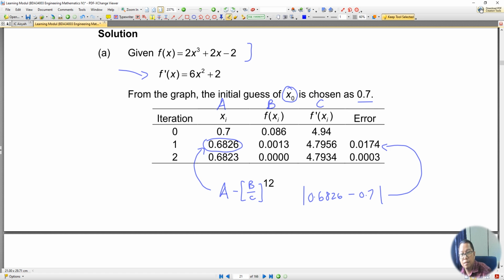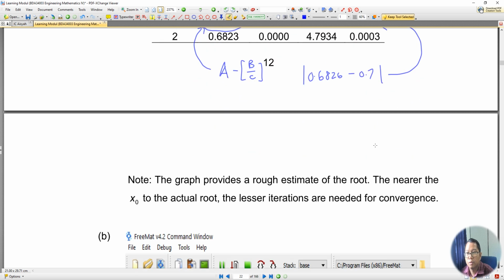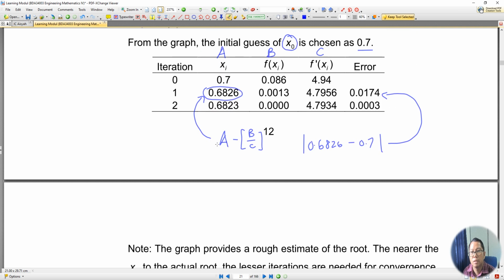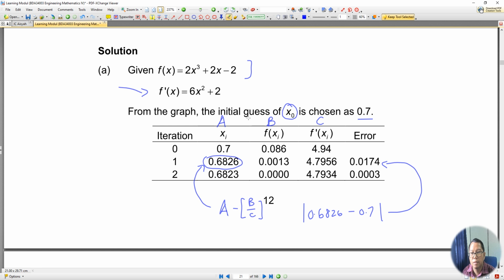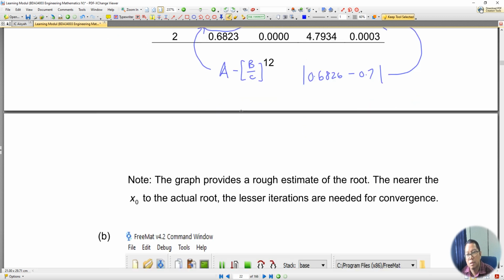So easy, right? Note that the graph provides a rough estimate of the root. The nearer x0 is to the actual root, the fewer the iterations needed for convergence. If you choose 0.7, then you only require 2 iterations. If you put maybe 0.8 or 0.9, you get more iterations. This is the tip for shortening the calculation.